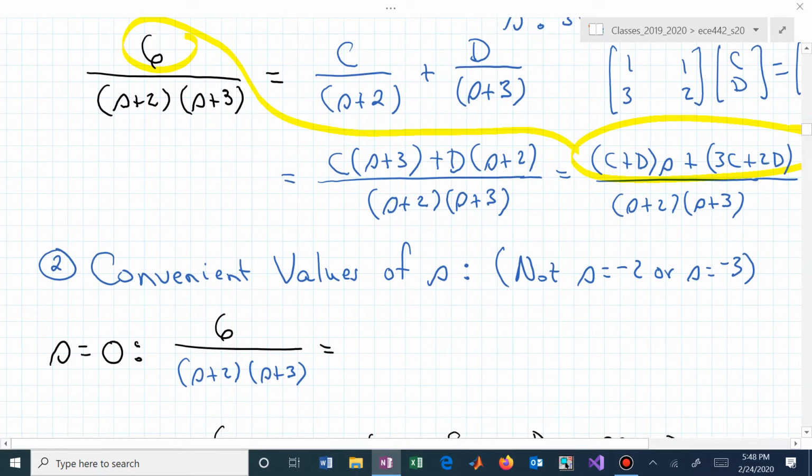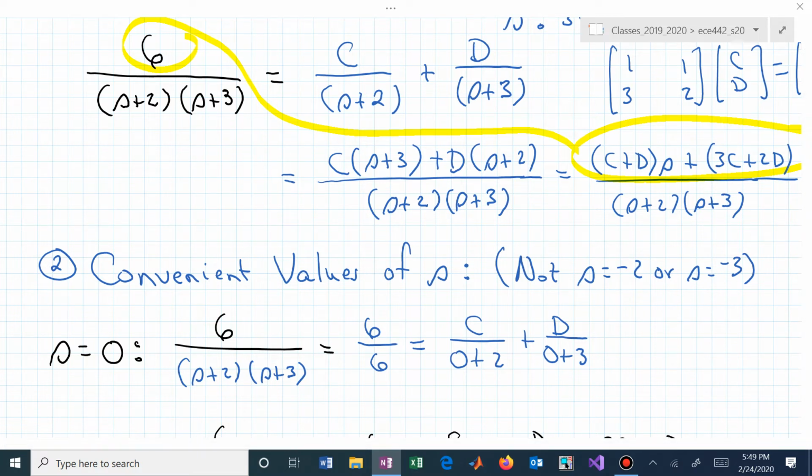That says that if I plugged 0 in everywhere for s, I would have 2 times 3 downstairs, or 6 over 6. And if I do that in my partial fraction expansion, that I had C over s plus 2 plus D over s plus 3, now I can do something like I did before.